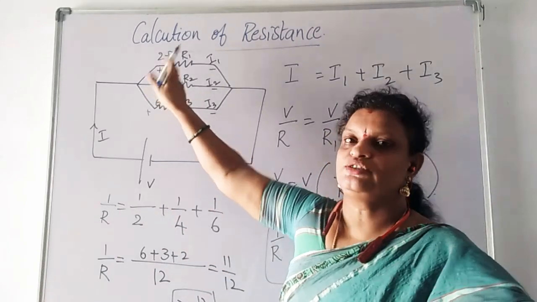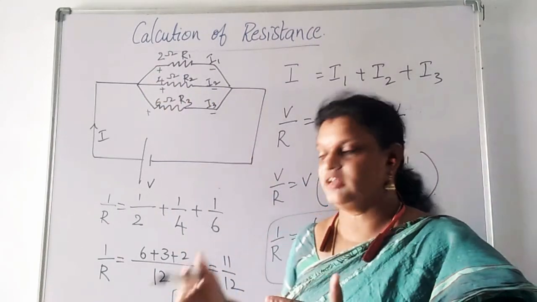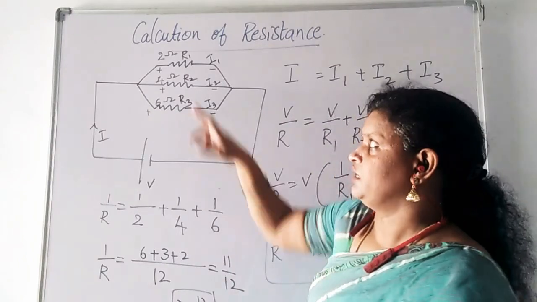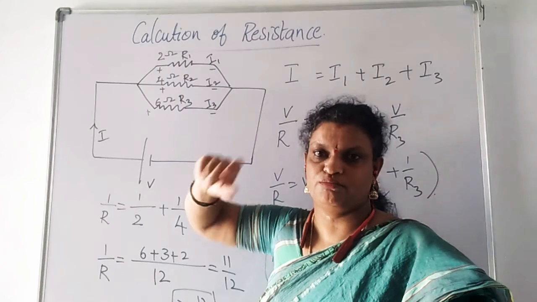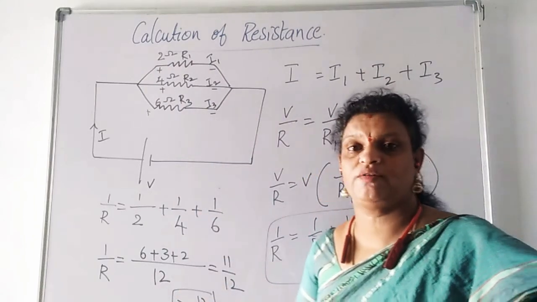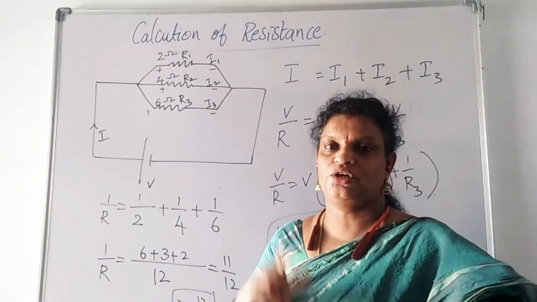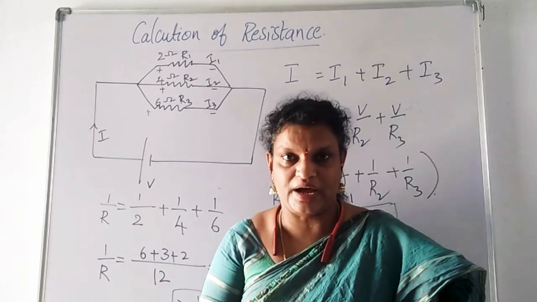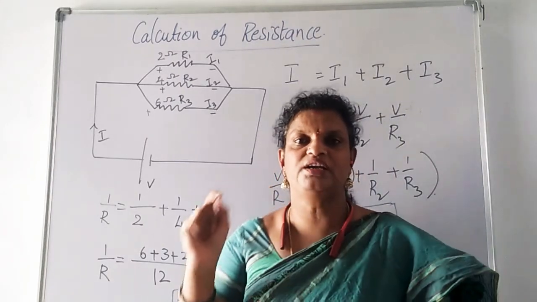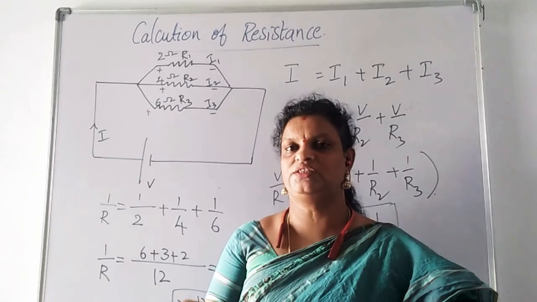Even the least resistance, 2 ohms, is greater than the effective resistance. So the effective resistance of resistors connected in parallel will be less than the least value.